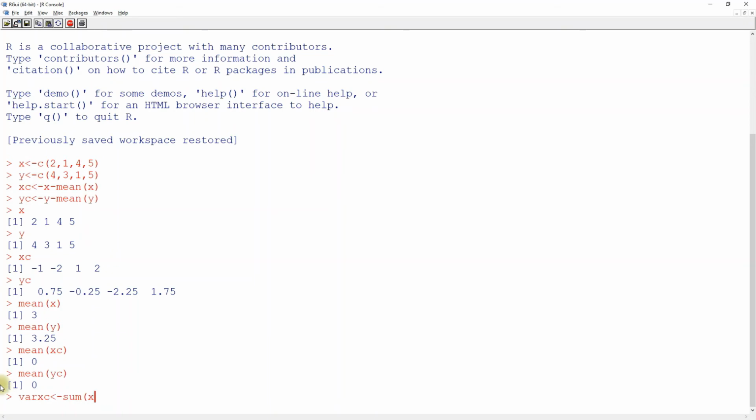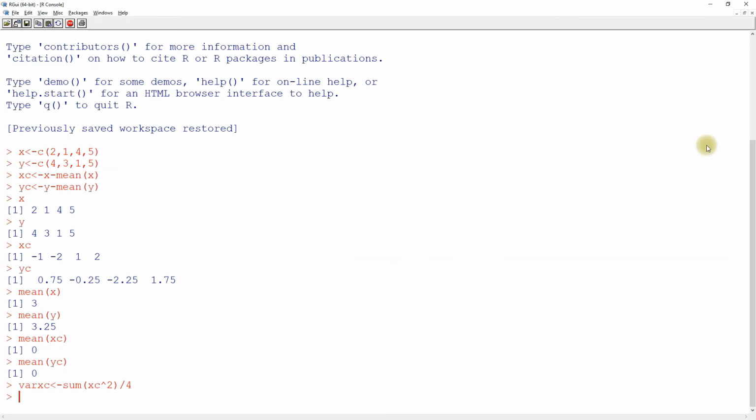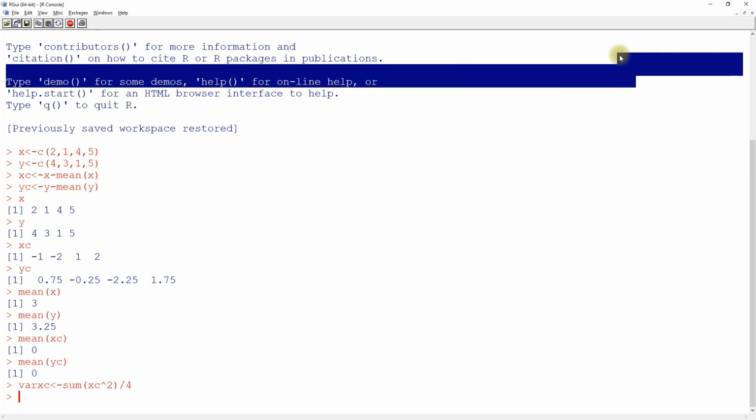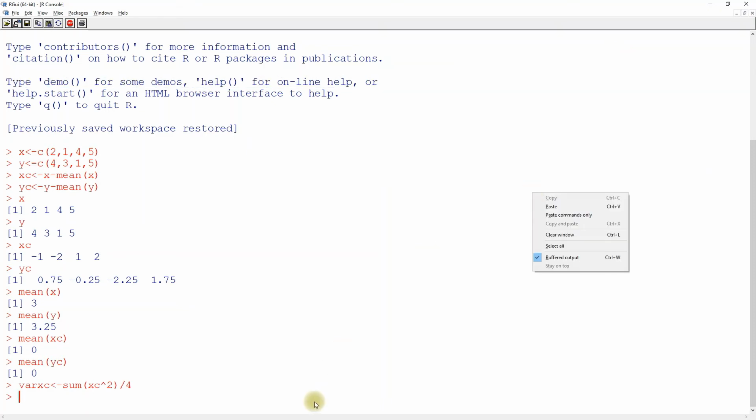But remember, it's not x here, it's the centered data that is squared. Divide by 4. This is the variance for the centered data. And we can do the same thing, of course, for the variance of y.